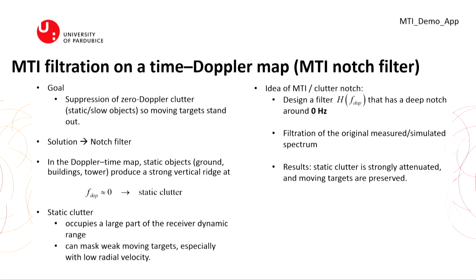Yes, it is your one detection, but it is not true, of course. Static clutter occupies a large part of the receiver dynamic range and can mask a moving target, especially with low radial velocity.